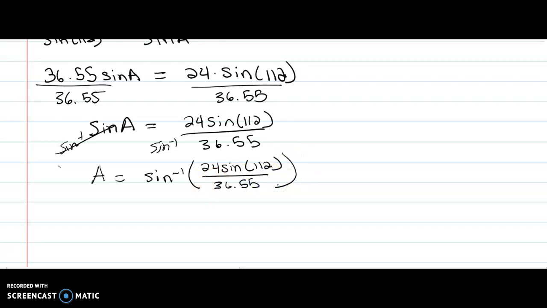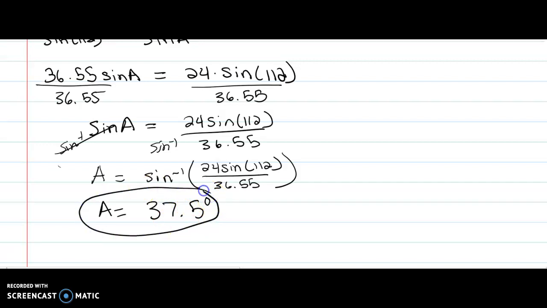Okay, then I plug that in my calculator. When I do that, I get A is equal to 37.5 degrees. Okay, so that's what I have for A.